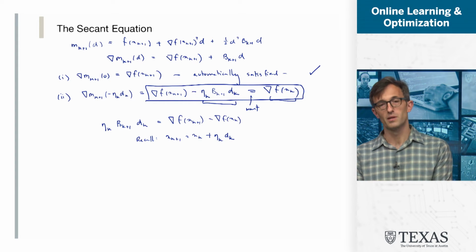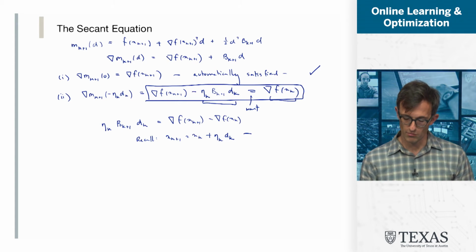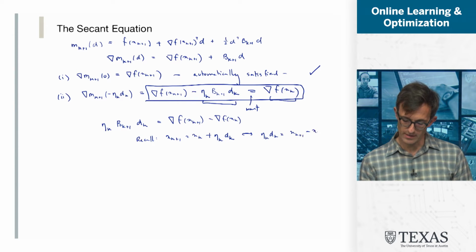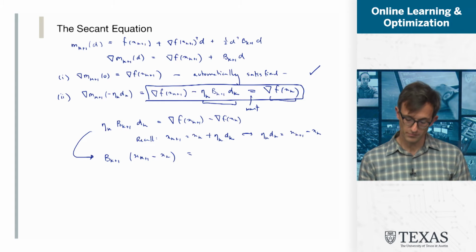Don't be confused by this plus here; d_k already has a built-in minus sign if you look at its definition. So the simple relationship is that eta_k d_k is equal to x_{k+1} minus x_k. Therefore, this condition is exactly B_{k+1} times (x_{k+1} minus x_k) has to equal the gradient of f of x_{k+1} minus the gradient of f of x_k.